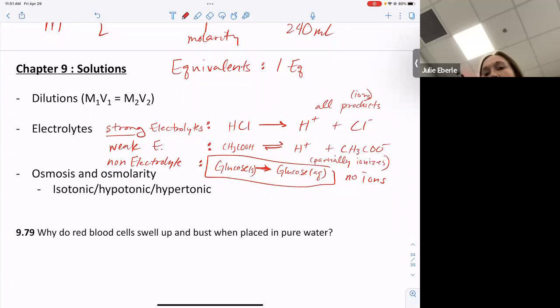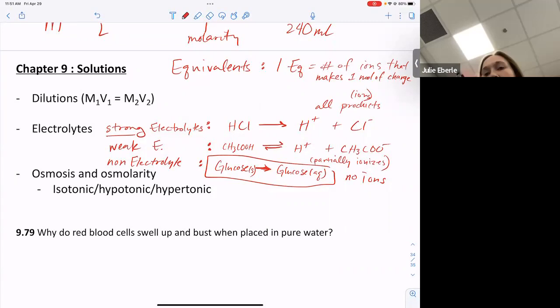One equivalent equals the number of ions that makes 1 mole of charge, plus charge or minus charge. So if you have 1 mole of sodium cations, that's 1 equivalent.